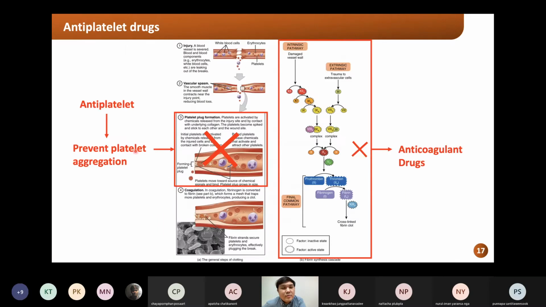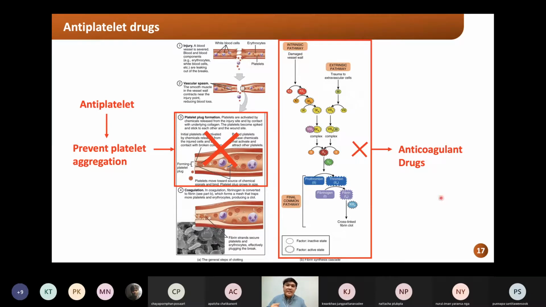So you might see that an antiplatelet only prevents platelet aggregation. It can eventually help prevent coagulation, but it is not powerful enough to inhibit the entire blood clot formation.